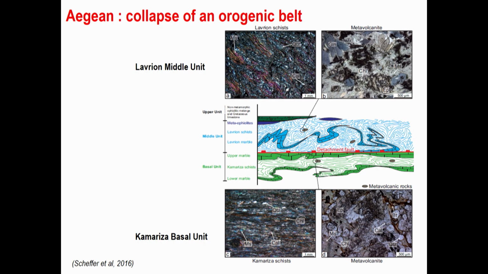These were blueschist-facies with glaucophane, chlorite, phengite, epidote. So that's in a metavolcanic, which is this, which is actually this one. And here you have mostly chlorite and phengite, so low-grade greenschist facies.